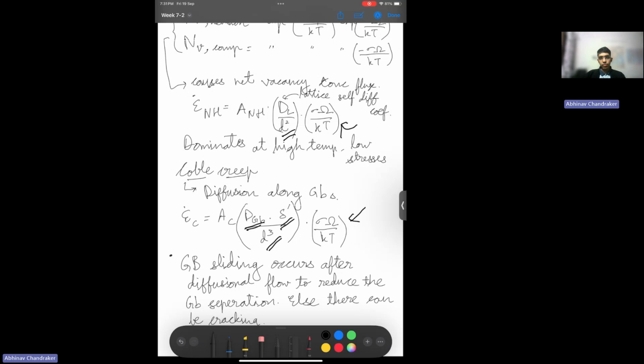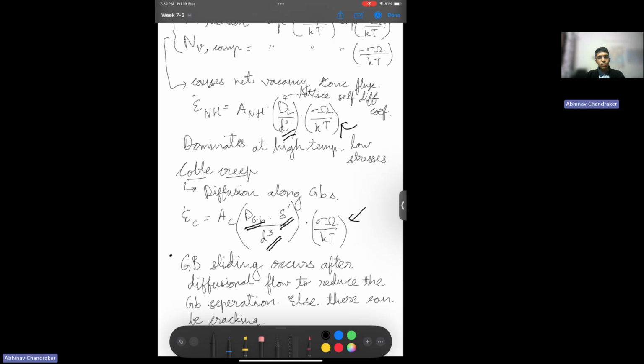So these were NH and Coble creep. Also, when this diffusional flow based deformation is occurring, you have a change in the grain shape, as I told. So there's a direct effect of diffusion on change in grain shape, and that is connected to straining of the sample, a change in the total dimensions of the specimen.